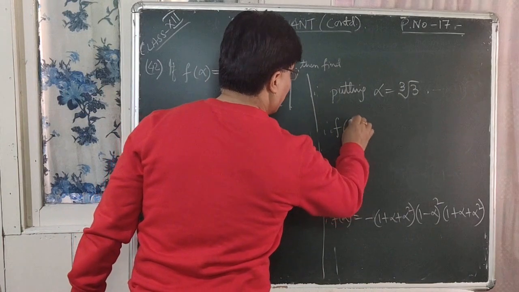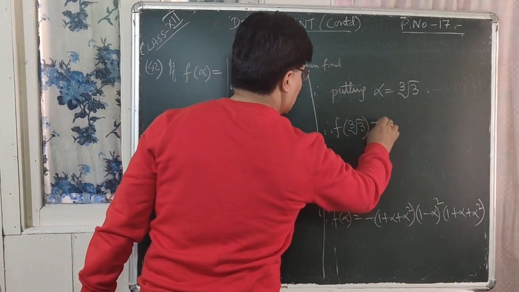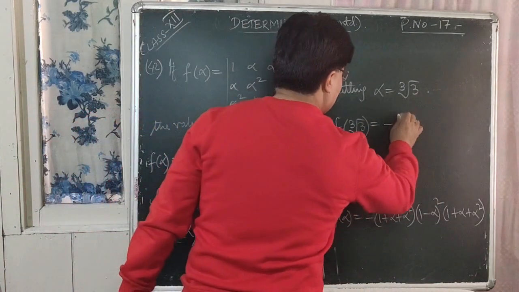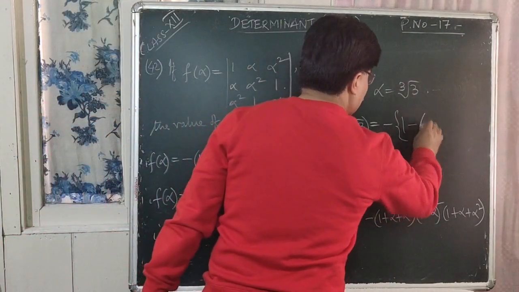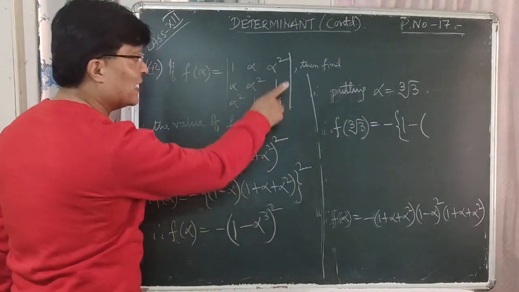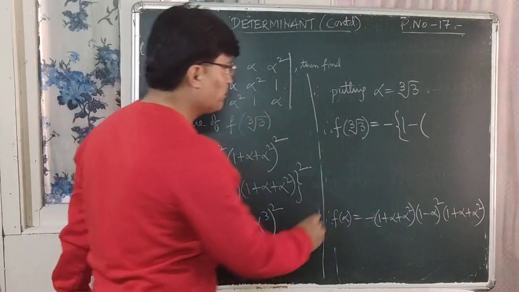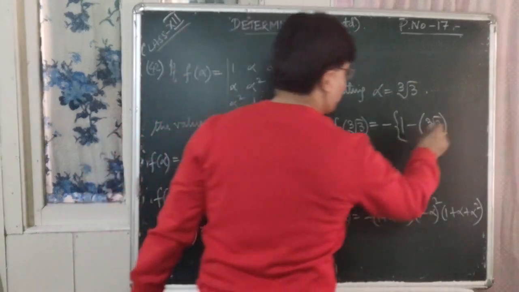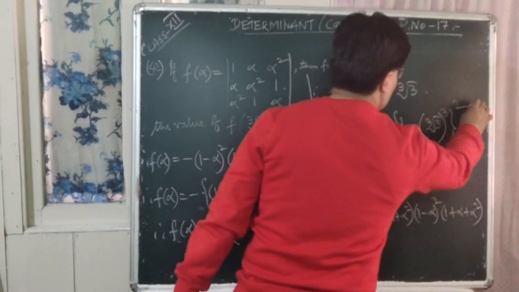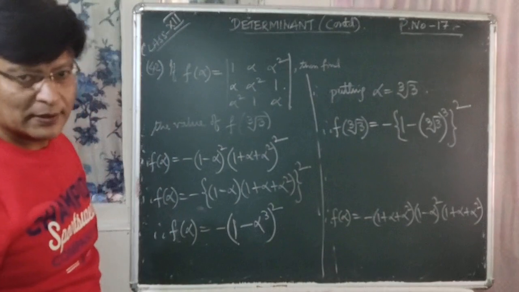Therefore, f of cube root of 3 is equal to minus within second bracket 1 minus, what is the value for alpha in this case? It is cube root of 3. It is cube root of 3 whole to the power 3, second bracket closed, whole square. Is that clear?